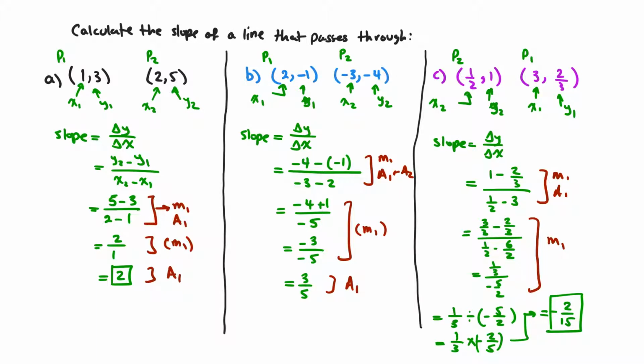So one method mark for properly subtracting things, an accuracy mark for getting to this step, and another method mark, which is kind of implied, to get to your final answer over here. This question, because it involves fractions, is much more involved, but you should be able to solve questions involving fractions.